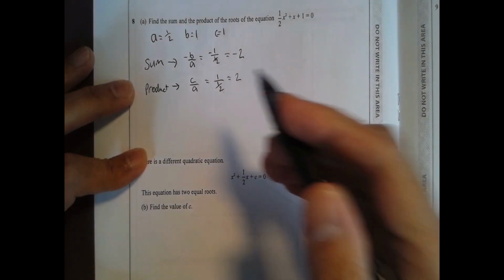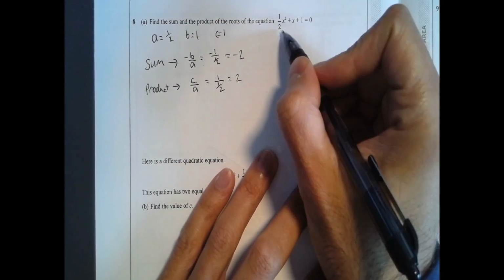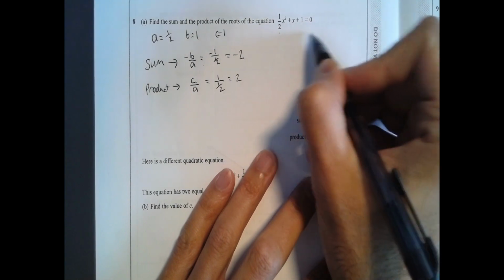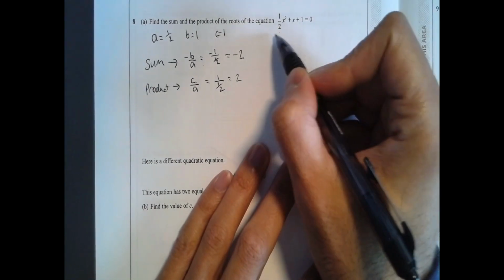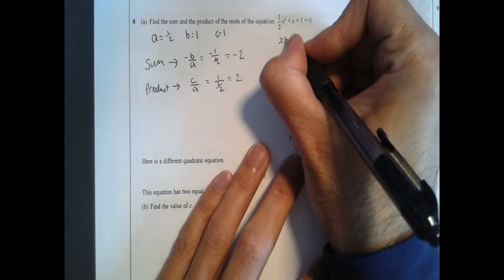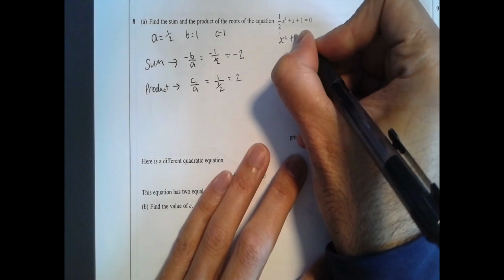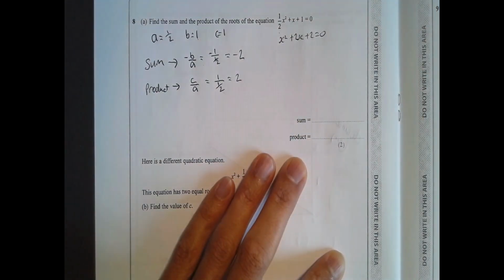Now another way I could have tackled this is that if I didn't like the fraction, I could just multiply the whole thing by 2. Because it's an equation, I can do that. So if I multiply everything by 2, I would lose the fraction. That makes 1x squared, 2x, and 2 equals 0.